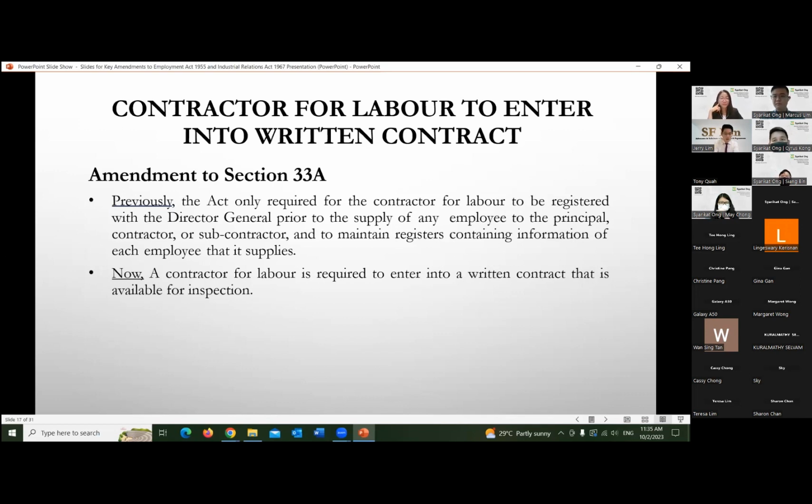The law only states that the contractor for labor, those supplying labor to another company, must enter into a contract with the company to whom they supply the labor. I think this new requirement is to make the supply of labor process more transparent and to avoid exploitation, but what to include in the written contract, we are unsure about.